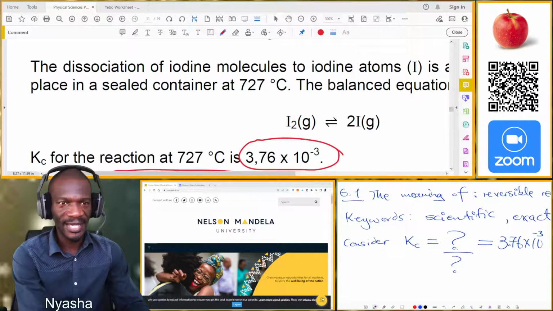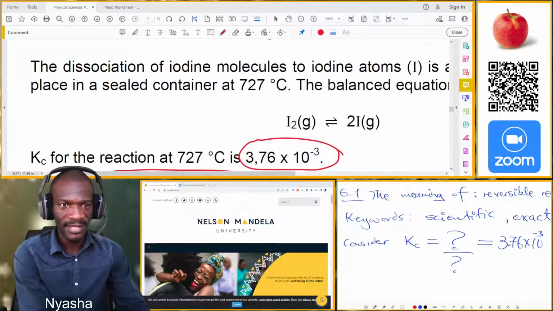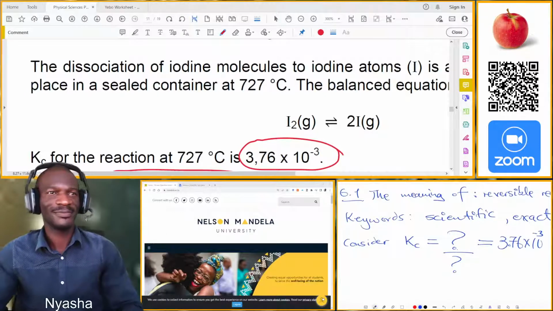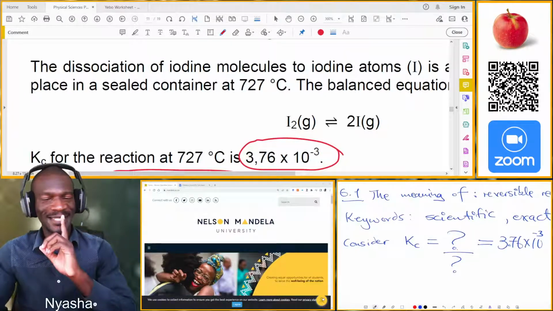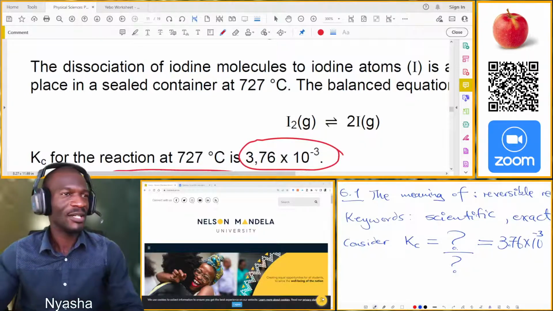So write down the Kc equation for the iodine reaction shown. You tell us, what is the Kc equation for this iodine that we see here? Right, so let's do it.